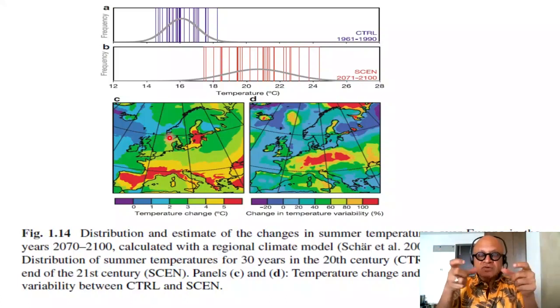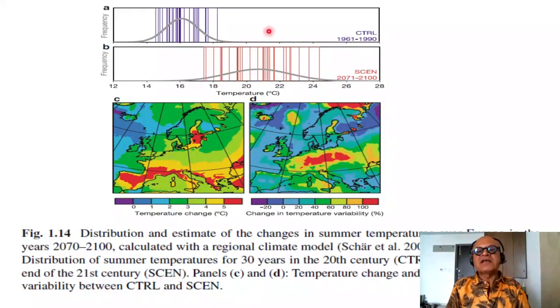So then you can use that difference to increase the resolution and better capture even physical features like mountains and the land use change, forest versus agriculture versus urban versus abandoned land, degraded land, deserts, and so on and so forth.